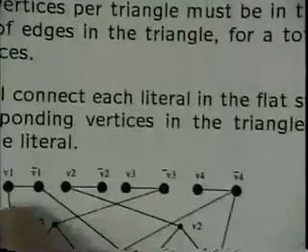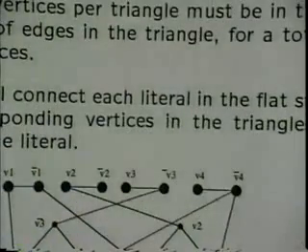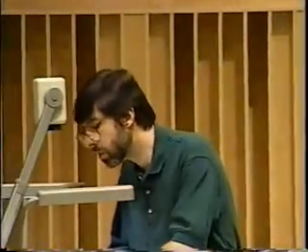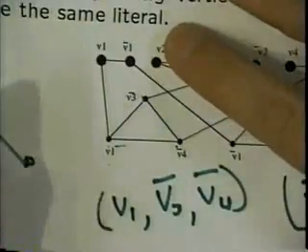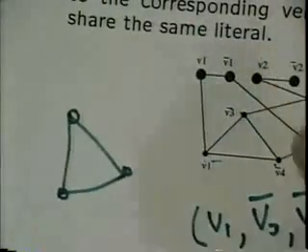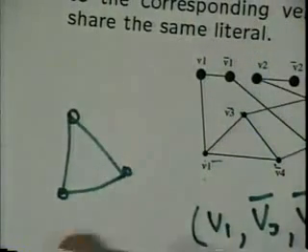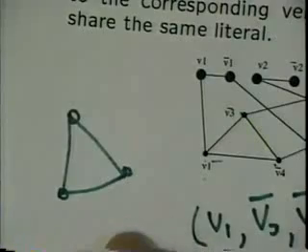What do I know? Okay, so what am I doing? I'm now translating each clause into a triangle. I translated each variable into 2 vertices connected by an edge. What is true about this triangle? If I just give you a triangle, how many vertices do I need to pick up in a vertex cover to cover all the edges of that triangle? 2.